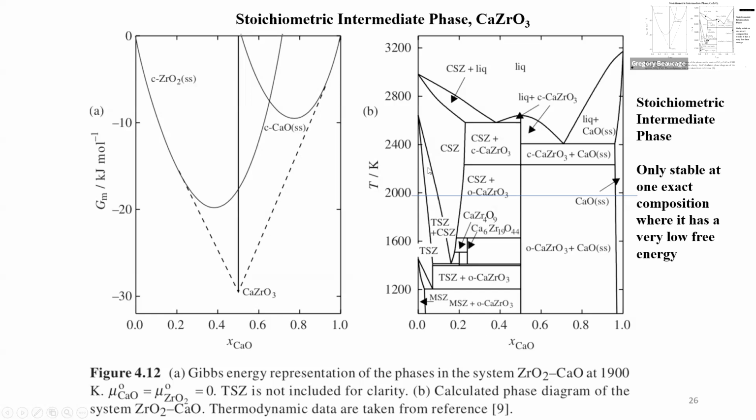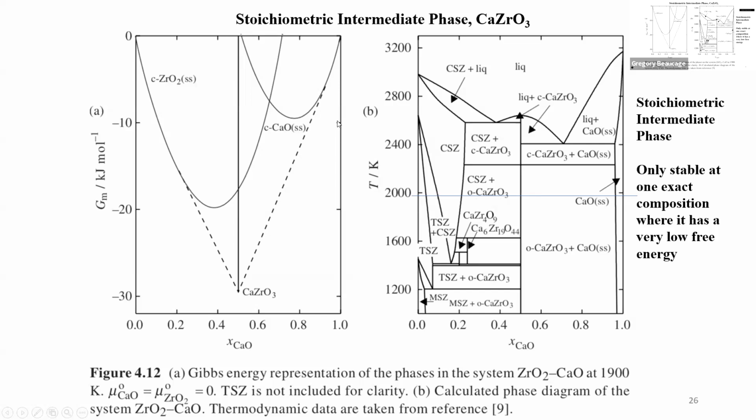I guess here they're not showing all these other phases, so it can get complicated, but basically each of the other phases is going to be another Helmholtz equation here, another U, and there'll be a tangent line between the zirconia and this TSZ phase, and then you'll get those two positions, those two equilibrium phases.